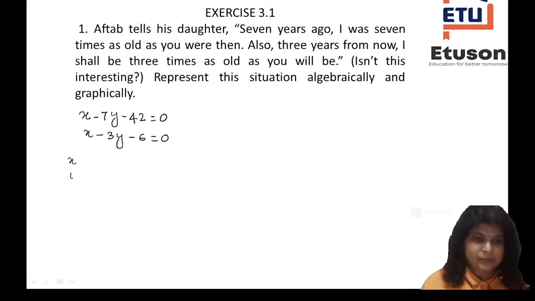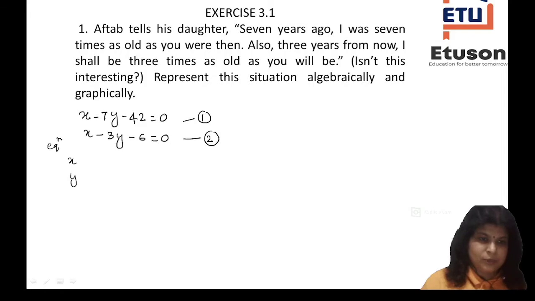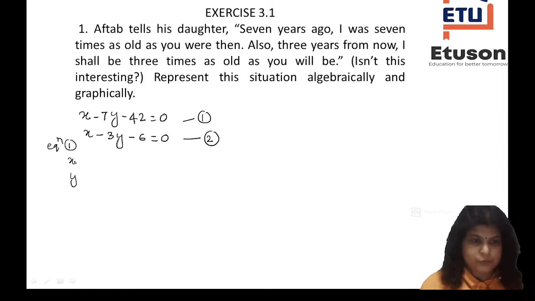So x, y. This is equation 1 and this is equation 2. So for equation 1, x and y values. If x is equal to 0, then y is equal to 6, correct? If x is equal to 7, y is equal to 7. If x is equal to minus 7, y is equal to 5, right?